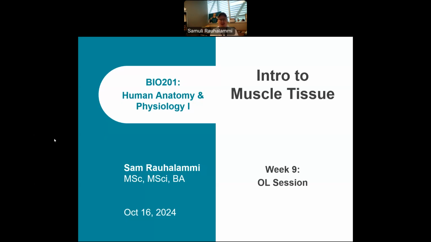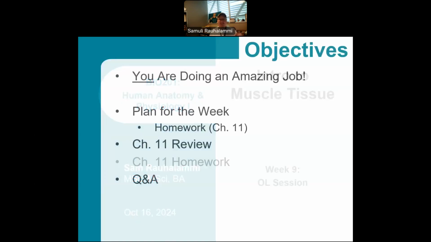Let's have a look at what I have lined up for us this week, week 9, where we look at the introduction to muscle tissue as our topic. Here I have the agenda for today. I want to start by acknowledging the great work you are doing. Unless I get live participation, we'll use this as a chance to review the content from chapter 11.